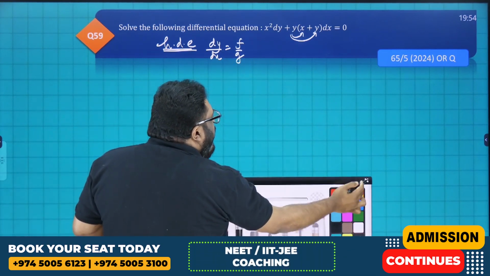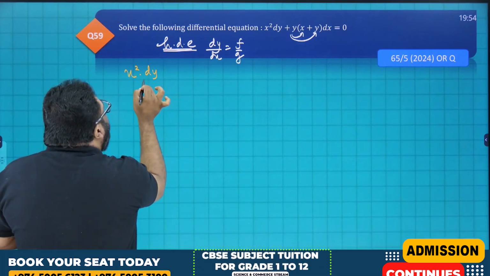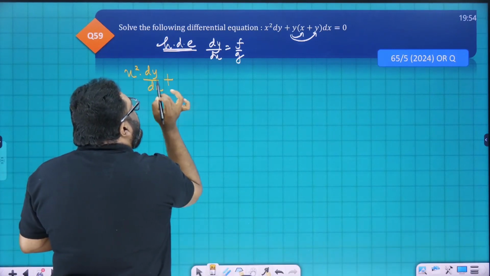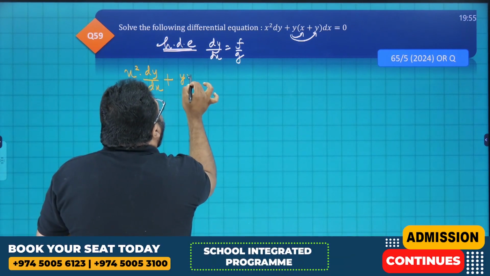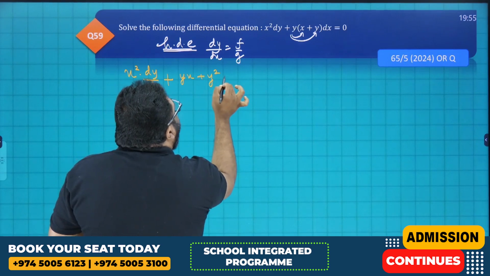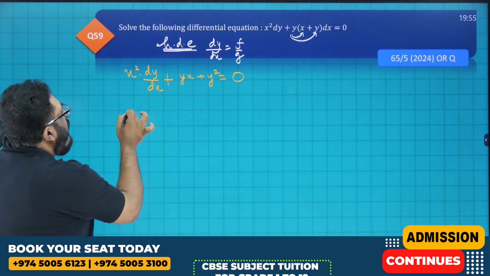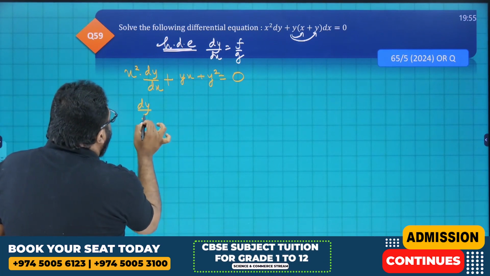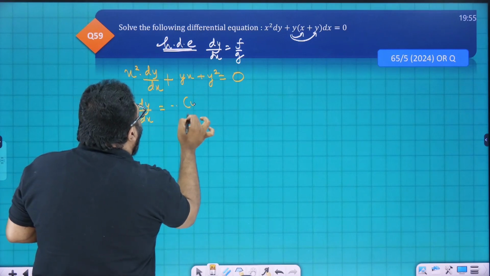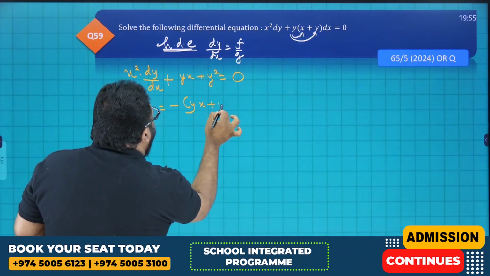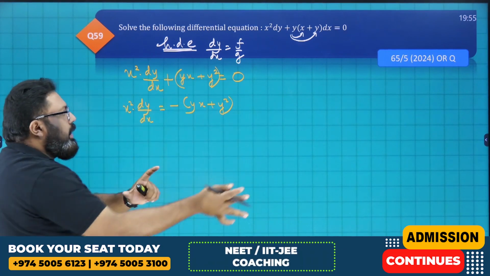So you're going to divide by dx everywhere. So x squared into dy by dx plus yx plus y squared equals 0. I just multiplied y inside. Now dy by dx into x squared is equal to negative of yx plus y squared. I took this whole bracket to the right side.